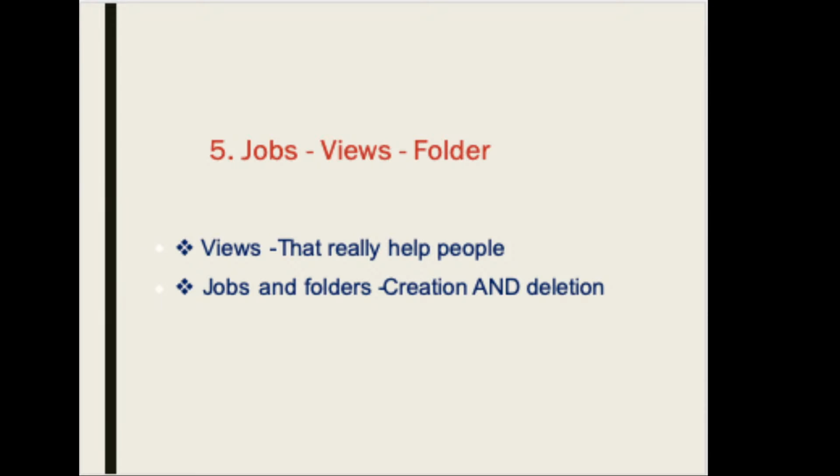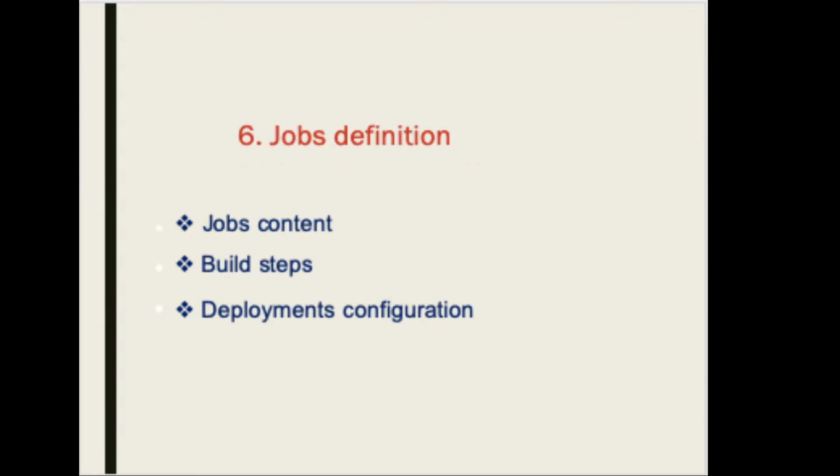The next thing which you can probably automate is the jobs, views, folder. The views will obviously help people. The jobs and folders are basically used for creation and deletion. You call it something to be the jobs views folder.